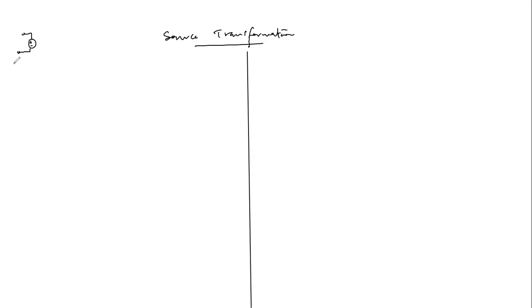Now, if we consider an ideal voltage source under load condition, it means that we want to connect this to a load, so we have plus minus, then a load resistor, RL, and that is the source voltage VS. Let's assume current flows in this direction from negative to positive.